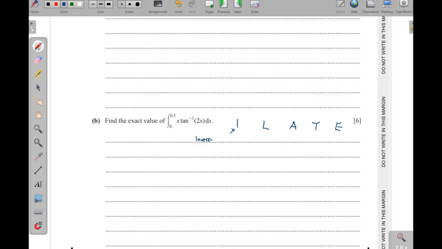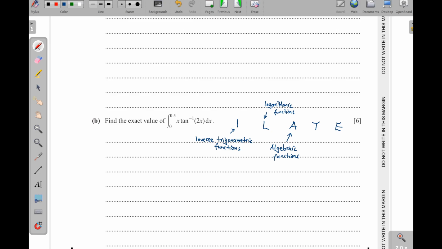inverse trigonometric function. L here is for logarithmic functions. Then A here represents algebraic functions.